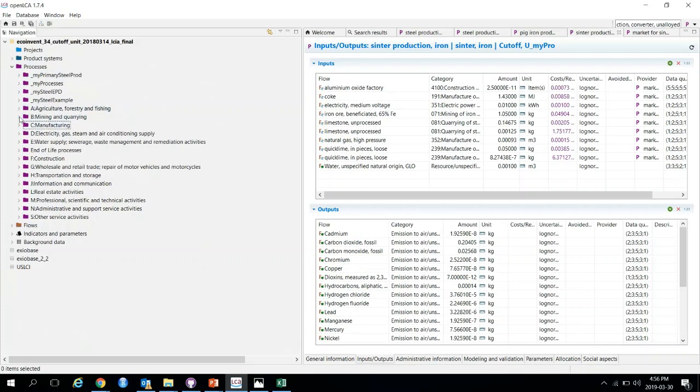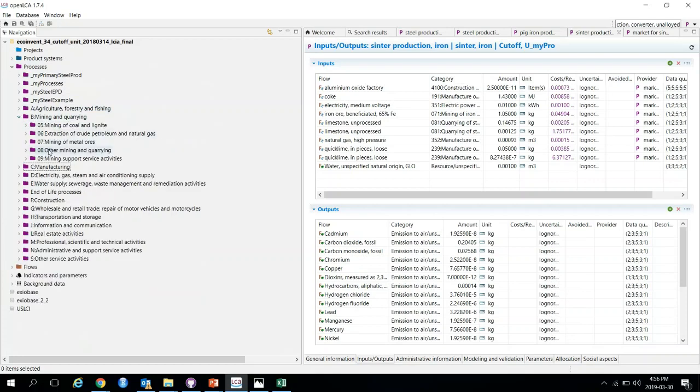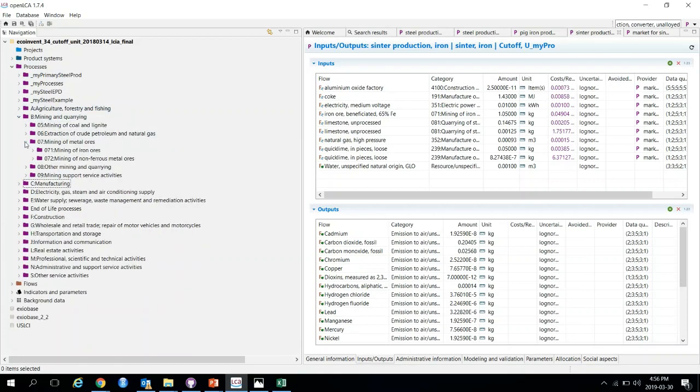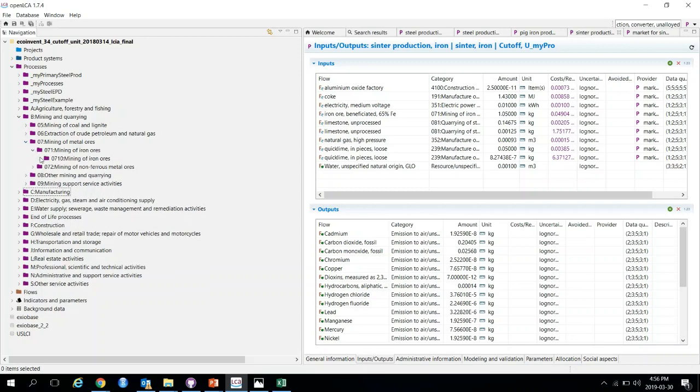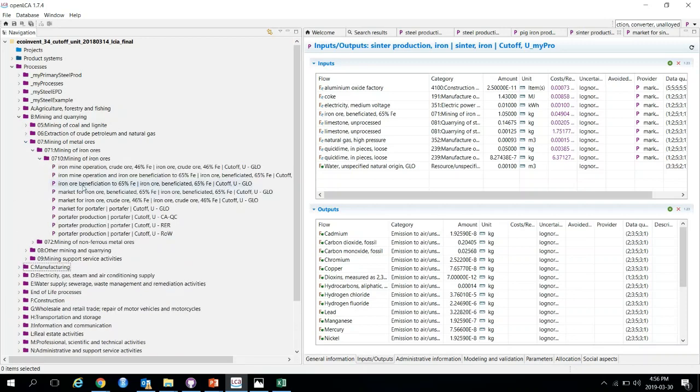Now we're in the mining category, mining metal ores, iron ores, and we can see iron ore beneficiation to 65%. And again, there's only one process, so that's the one that we are going to copy.